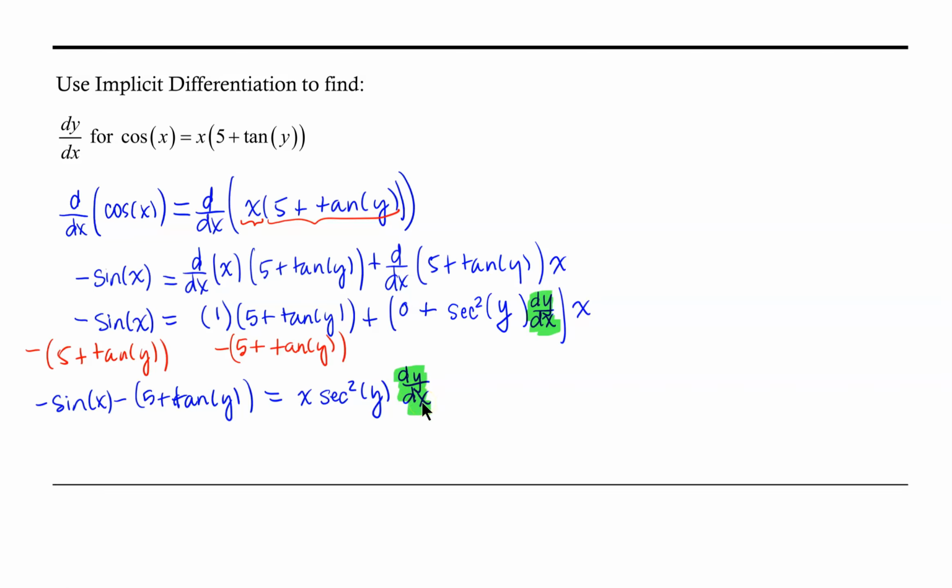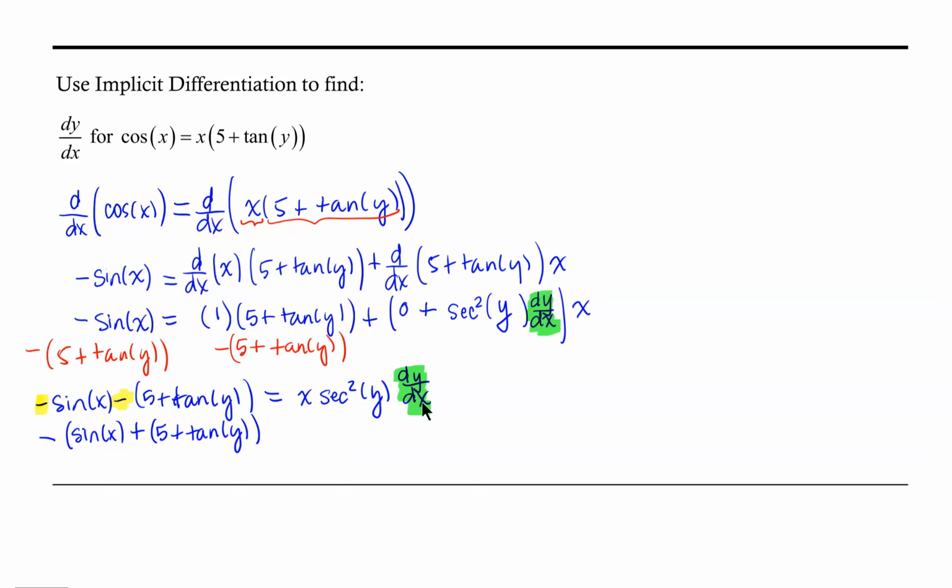So we end up with, and when I do this, because I see that both the sine of x and the 5 plus tangent of y are negative, I'm going to go ahead and factor that negative in front. So negative of, or opposite of, sine of x plus 5 plus tangent y.